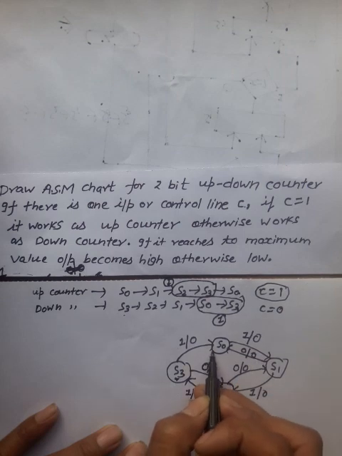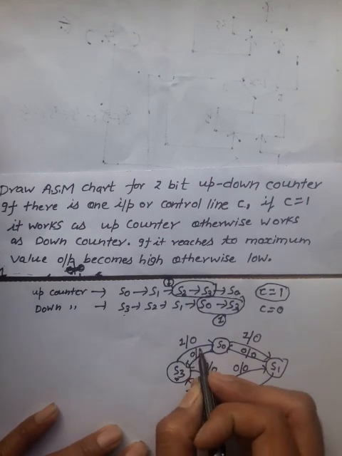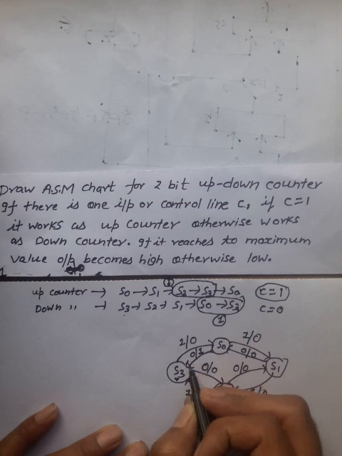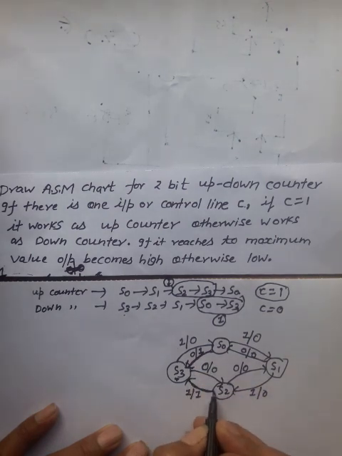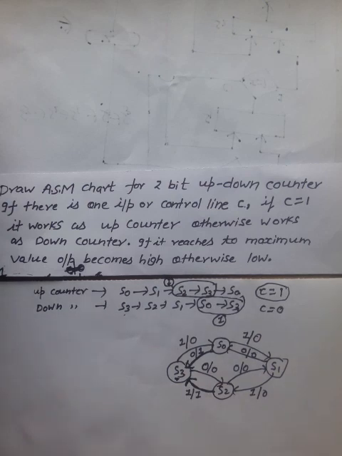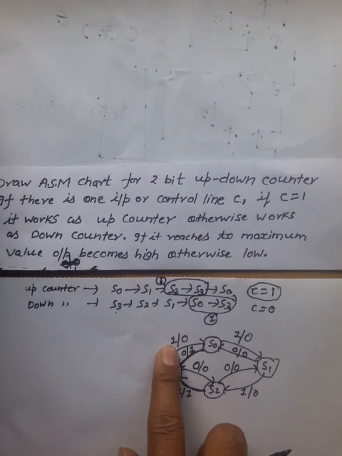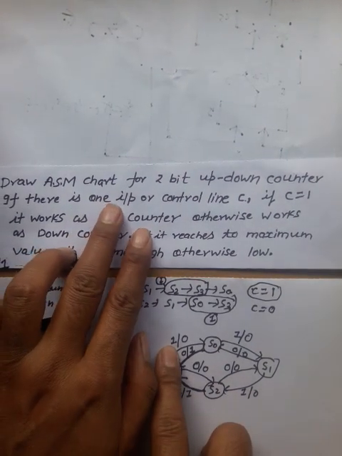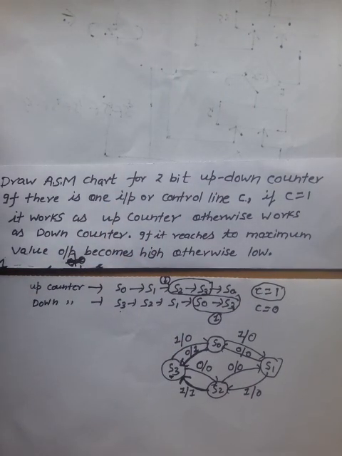Now when S0 to S3, it is reaching the maximum value, so 0, 1. Only these 2 values give output high, otherwise low. Only for these 2 cases I will use the Mealy box, otherwise I will not.